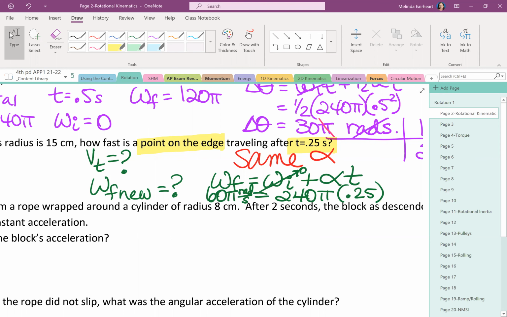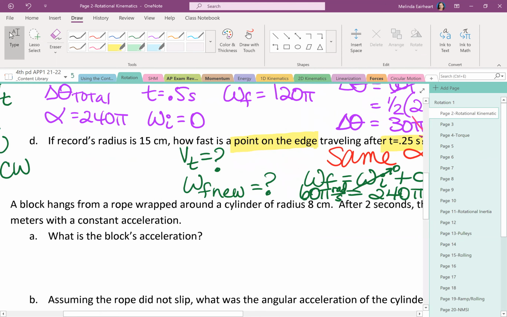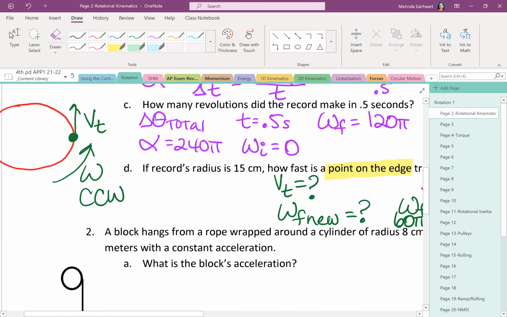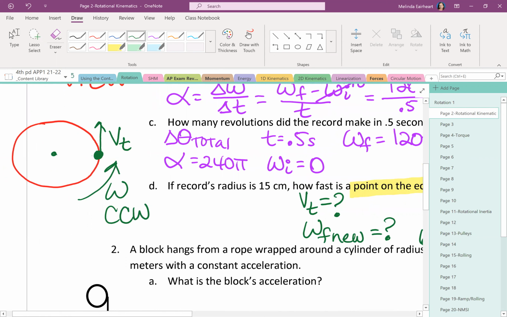Okay. And so now that I know that 60 pi, how do I go from an angular velocity to a linear velocity? Why would they give us the radius? If we go back to the picture, the radius from the axis of rotation in the center of the record to that point on the edge is R. Isn't it true that that's a maximum distance for a point on the edge?